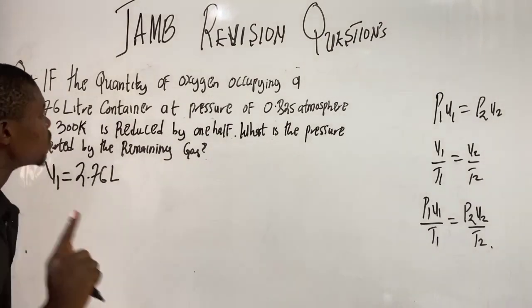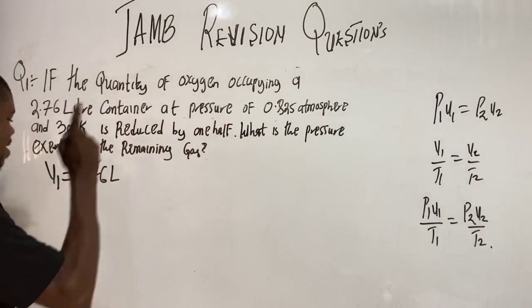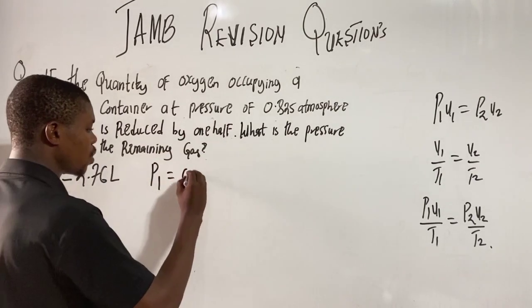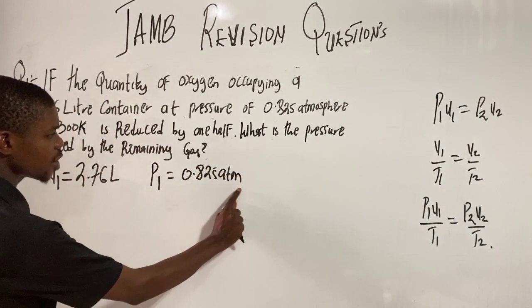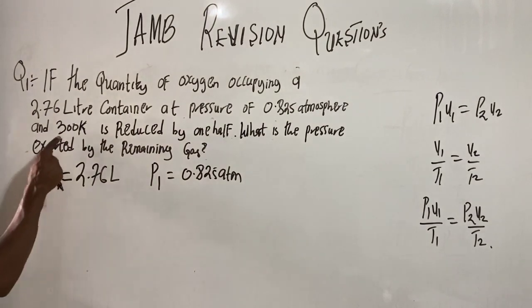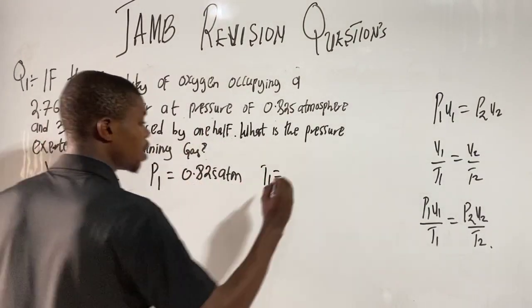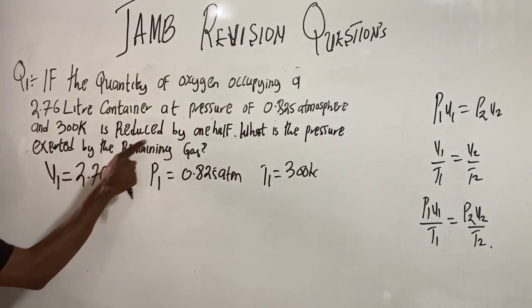Do you get that? At a pressure of 0.825 atm, atmosphere, and 300 Kelvin. So my T1 is 300 Kelvin. Then the volume is reduced by half.